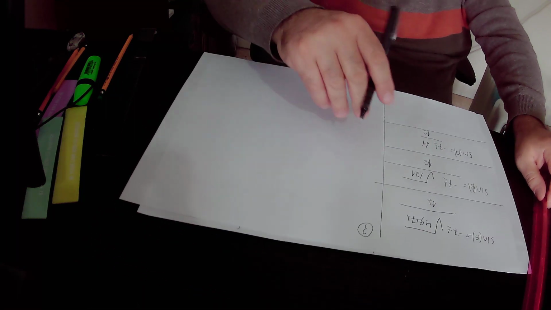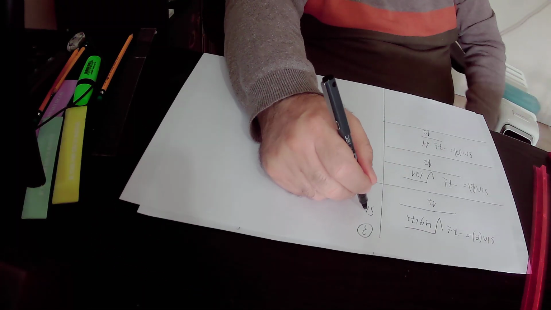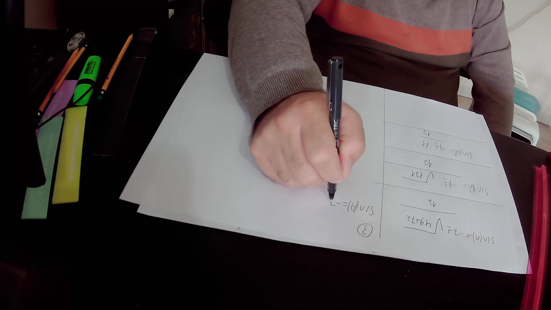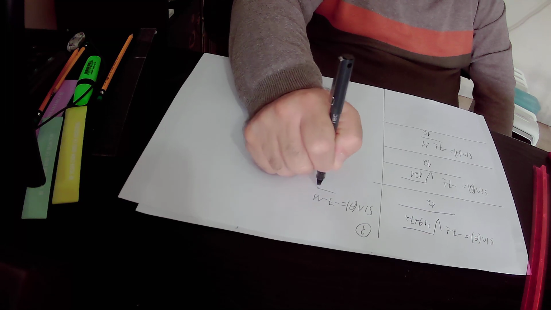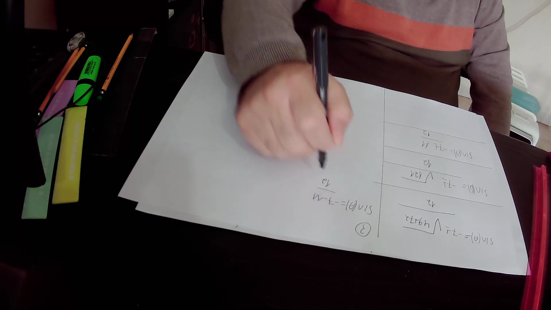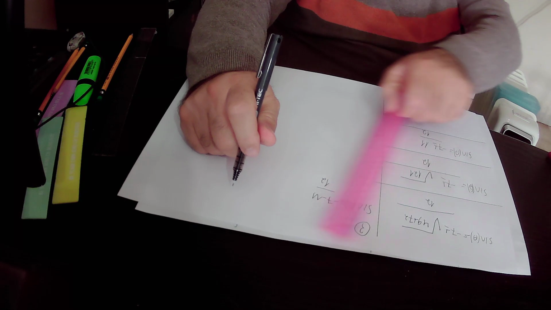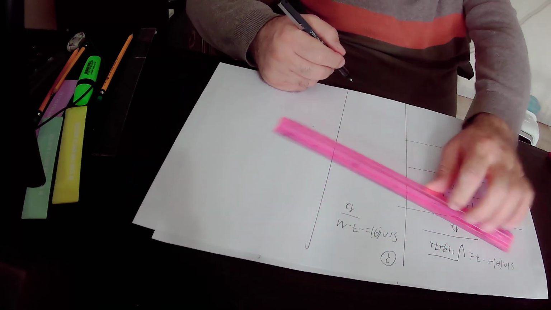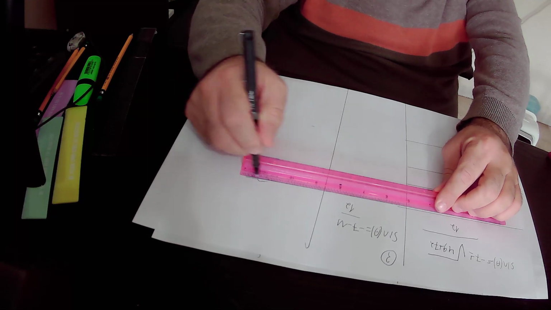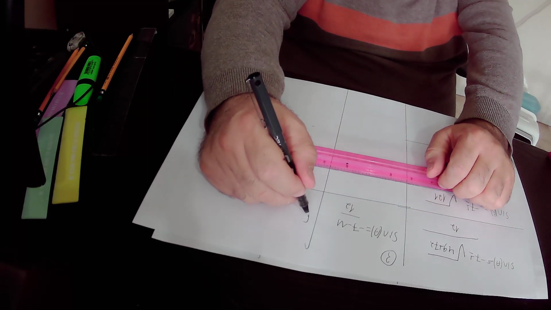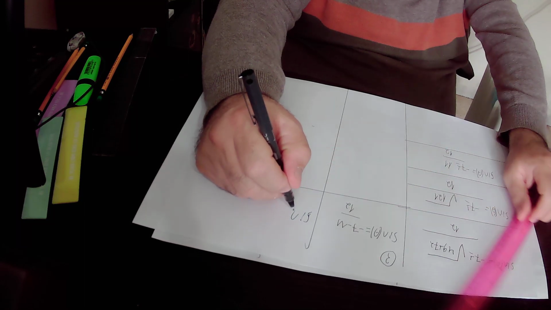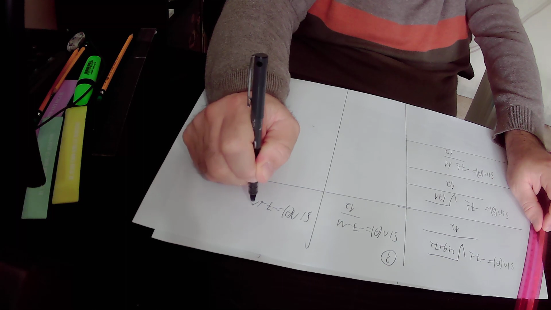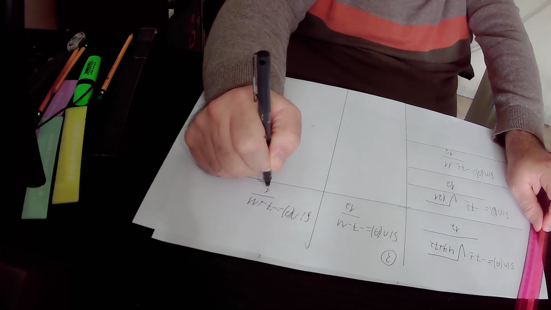The first possible solution is that sine theta equals minus 7 minus 11 over 12, and the second possible solution is that sine theta will be equal to minus 7 plus 11 over 12.